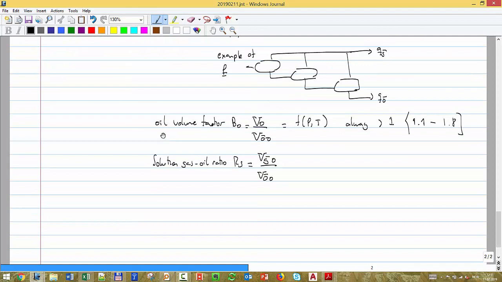This value depends, but it is typically something between maybe 80, if we talk about heavy crude, and it might go all the way to maybe 1,000 for very light, very volatile crude.